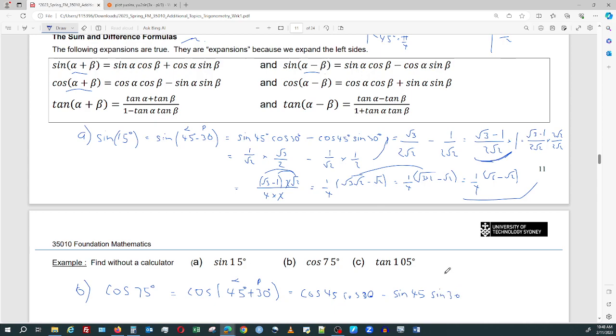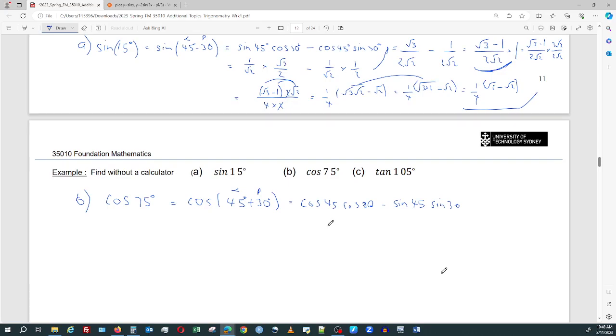Got your exact values tree? I hope you do. X at 45 degrees, same. X at 30 degrees. Where did you get that from, Jason? The white sheet.